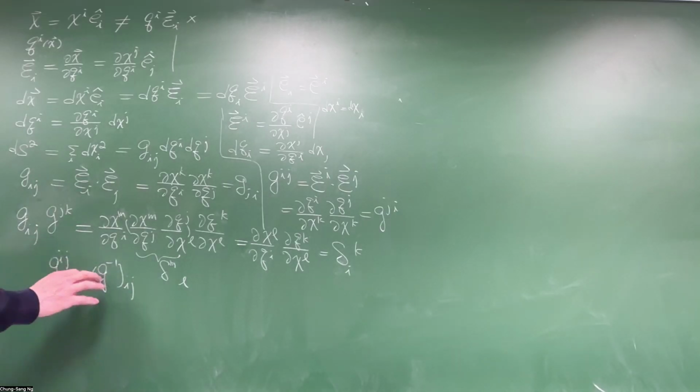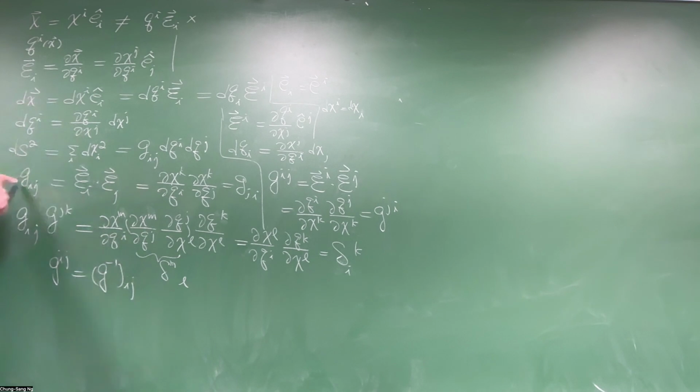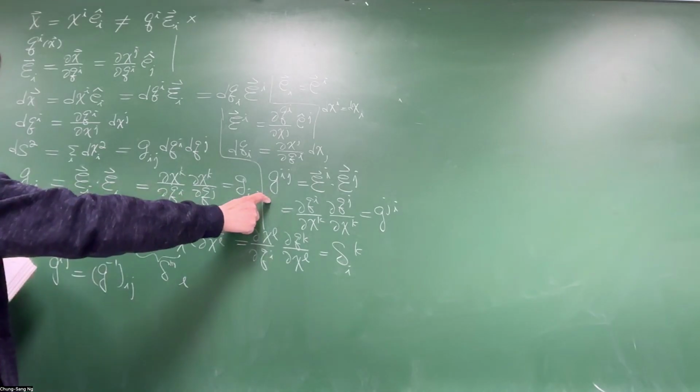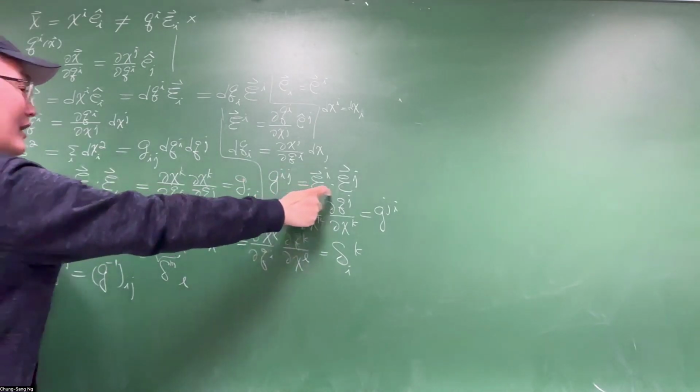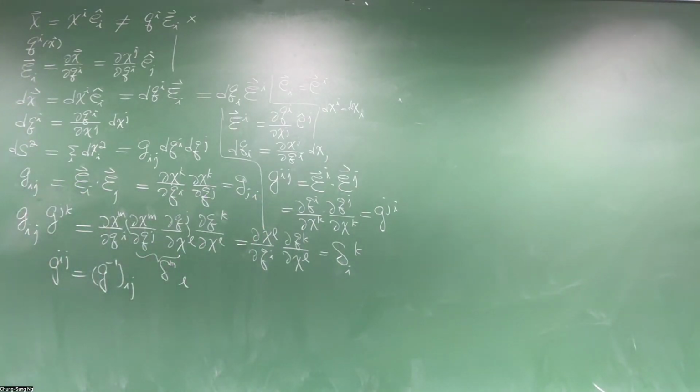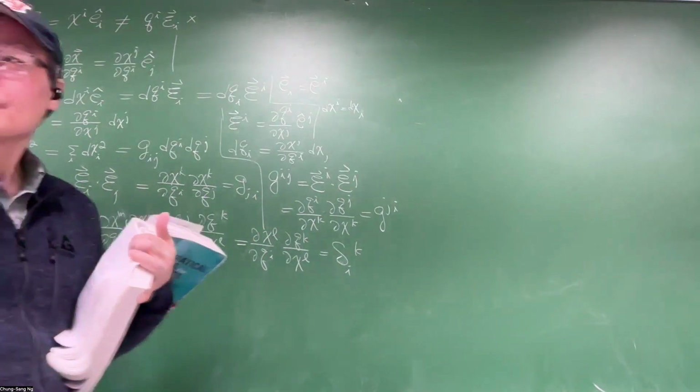That's not the notation, that's a little bit confusing, but what I'm saying is that originally we defined a covariant metric tensor this way by using the covariant basis. Now we define another object, the contravariant metric tensor, using the contravariant basis, and then we show that the two metric tensors are inverses of each other.